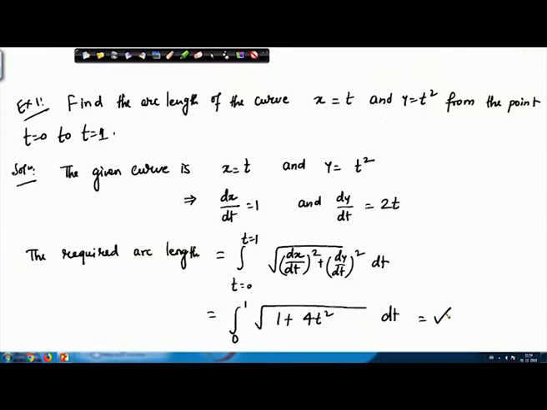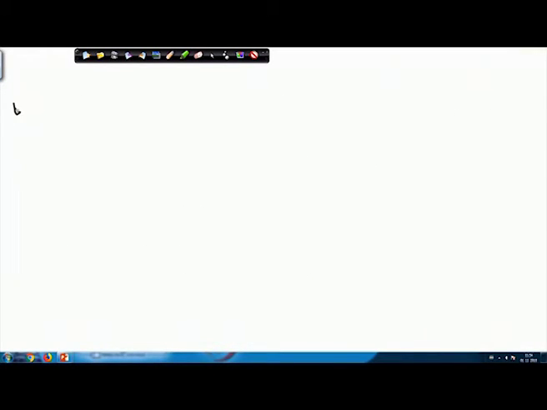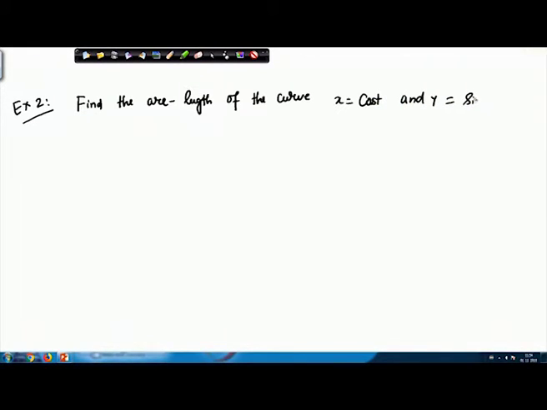We can consider another example of similar sort. Example 2. Find the arc length of the curve x equals cos t and y equals sin t for t equals 0 to t equals 1.